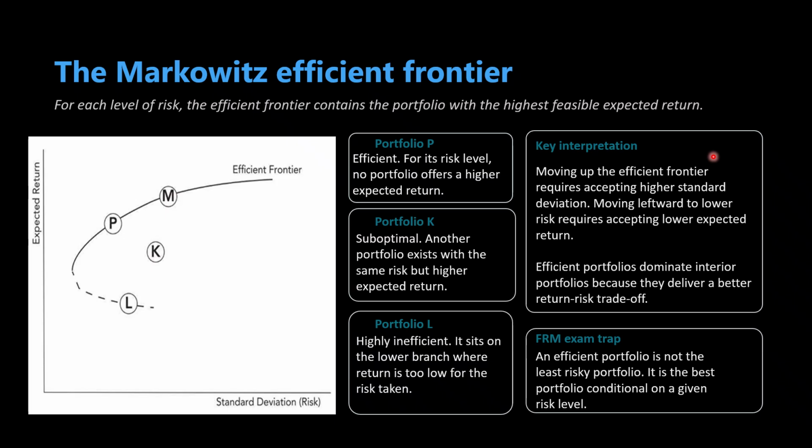The efficient frontier is the upper portion of the feasible boundary. Moving up the frontier requires accepting higher standard deviation, but moving leftward requires accepting lower expected return. The trade-off is explicit and unavoidable.